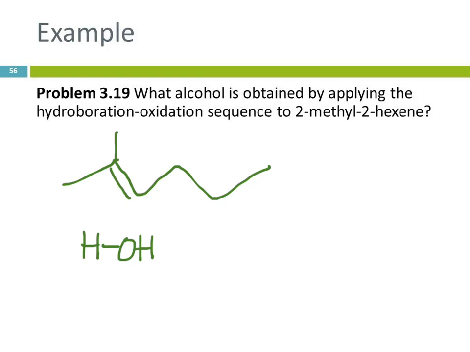The missing 4th bond is to hydrogen; it's just not pictured. So we would expect the hydrogen to go here and the OH to go to the other carbon. But because this is the hydroboration-oxidation sequence, it's going to be the opposite. So that part's the same, but the OH is going to go over here.